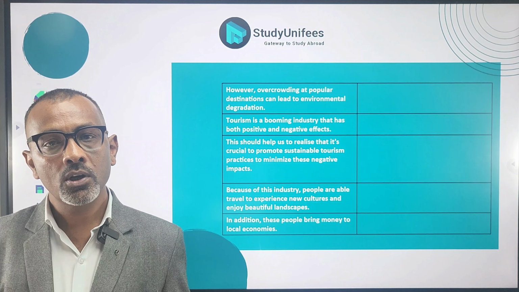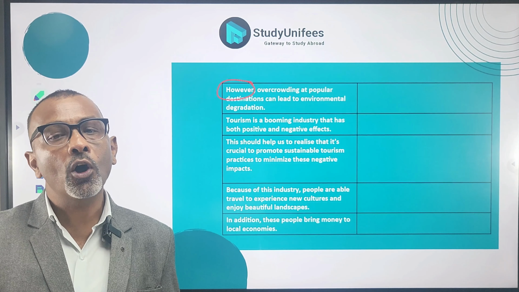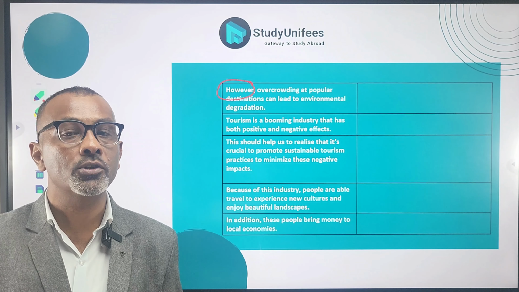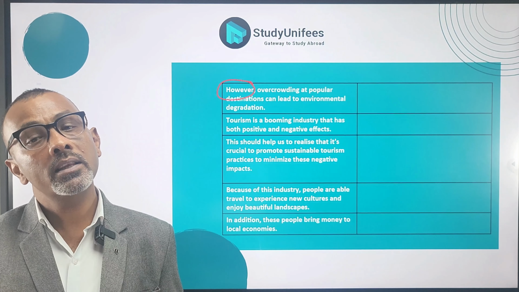Let's look at the first sentence. Let's read it together. However, overcrowding at popular destinations can lead to environmental degradation. Because of the use of this conjunction, however, this will follow an idea that is contrary to it, and thus this cannot be a topic sentence.